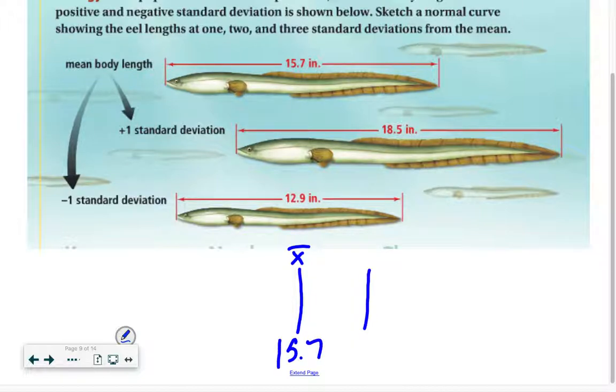Okay, the next thing it gives me is what the +1 standard deviation is. So when I add a deviation, I get 18.5. On my low end, I get 12.9. But I need to figure out also 2 and 3 deviations. So I need to find my standard deviation. How can I do that?